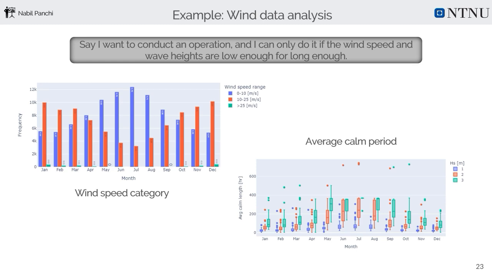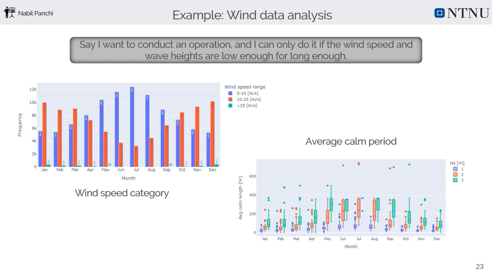So what you see is that in January, February, March, and April, you see some wind that is very high. And in the summer, you see that the wind from 0 to 10 meters takes up most of the time, the wind is low.